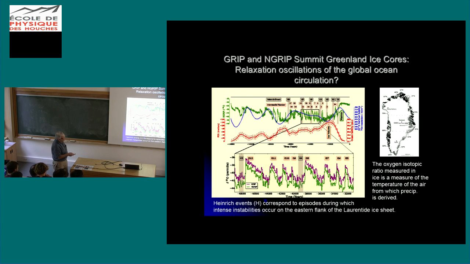There's the GRIP core, the initial European core. There's the North GRIP core that was drilled after the first European core, also by Europeans. And then there is the GISP core that was drilled by the Americans somewhat to the north. But when you look at these data, let me just walk you through them all if I can. So isotopic variability downhole in the North GRIP Greenland ice core is shown basically in green.